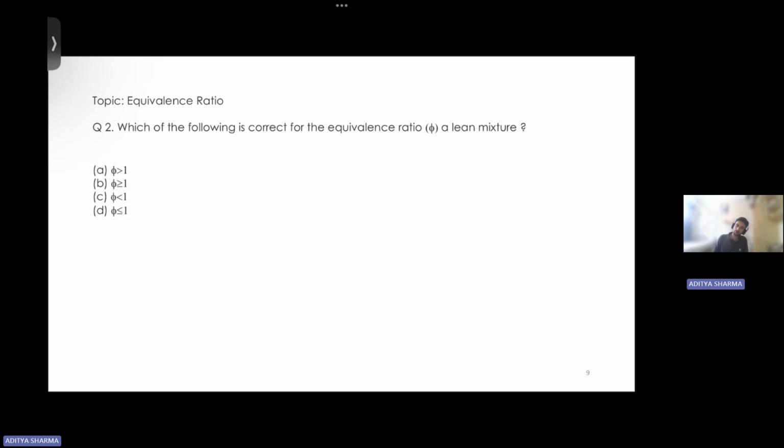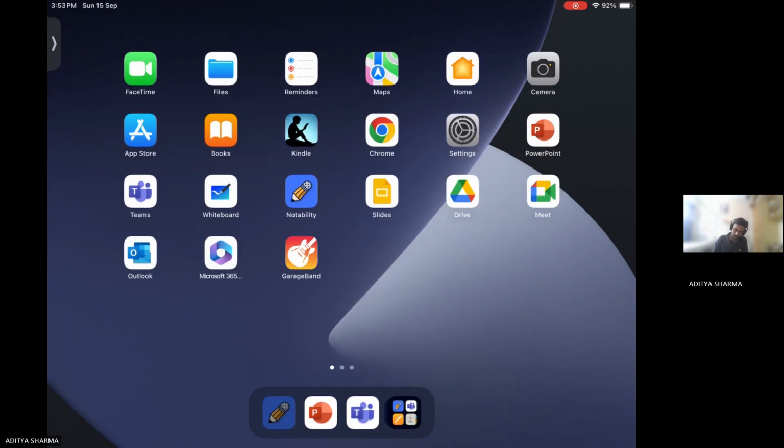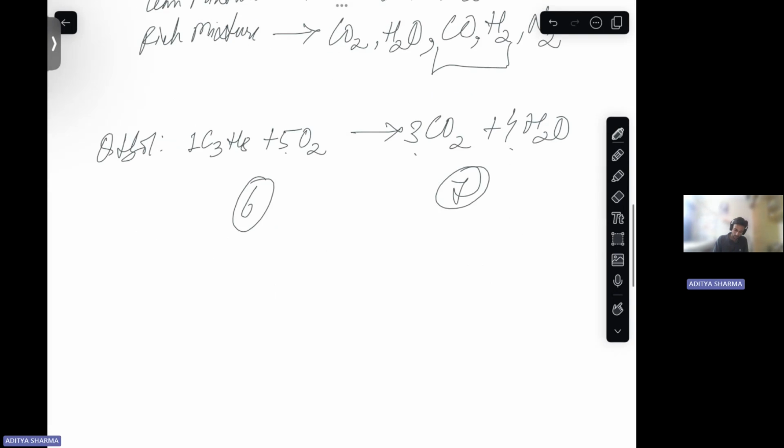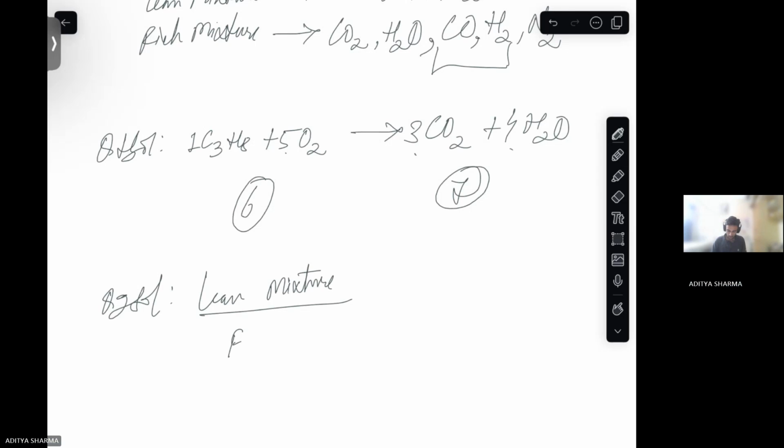For a lean mixture, what happens is that your fuel is less. So for your lean mixture, fuel actual is less than fuel stoichiometric.